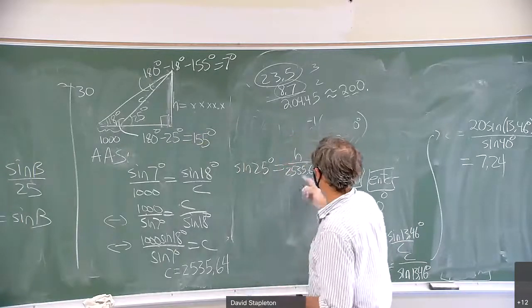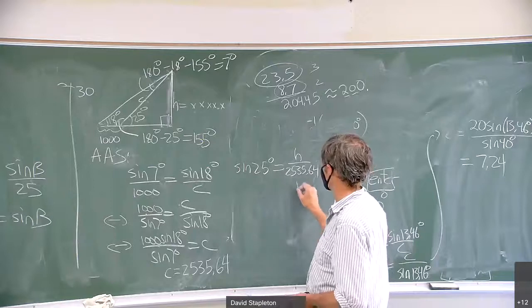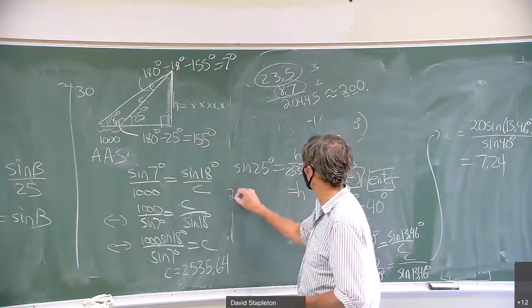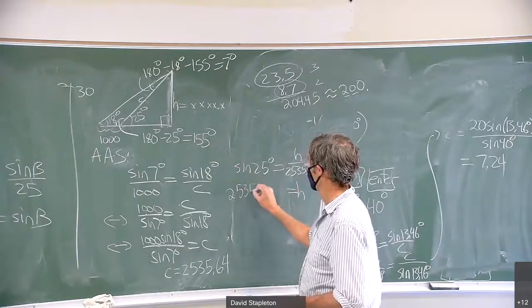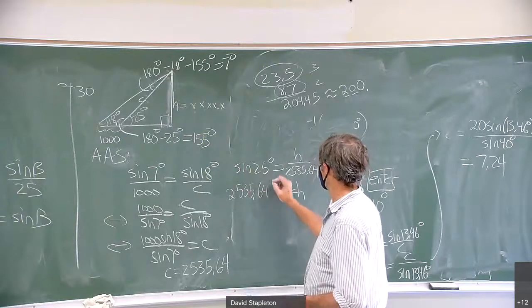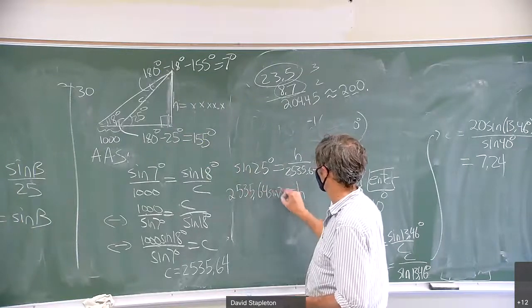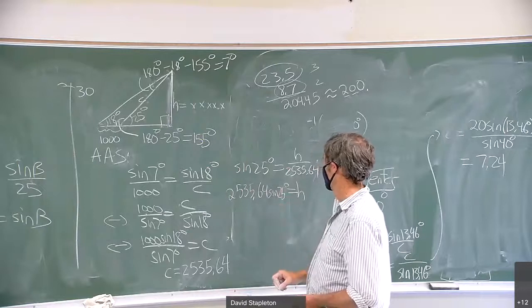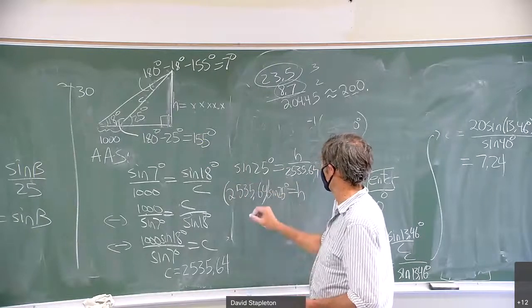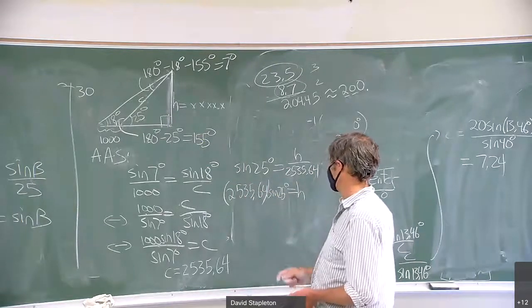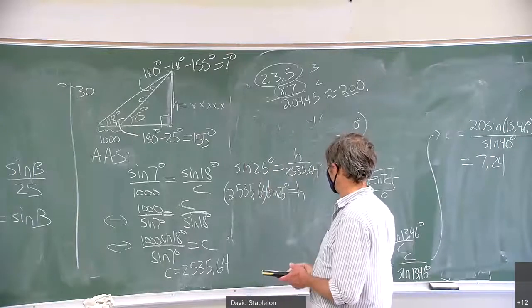I multiply both sides by 35.64. I get H equals that times sine 25 degrees. Again, we'll pretend that 25 degrees is exact, or at least carries a lot of digits.